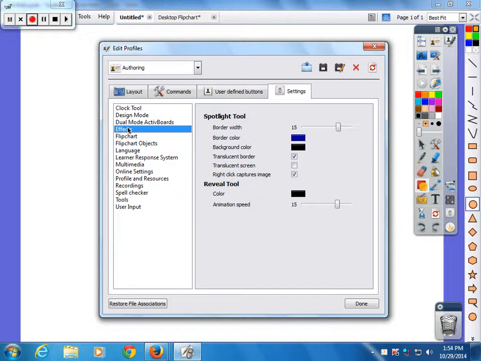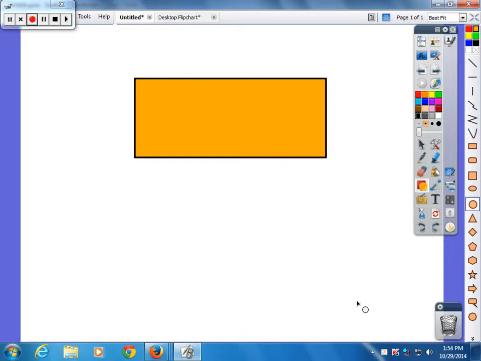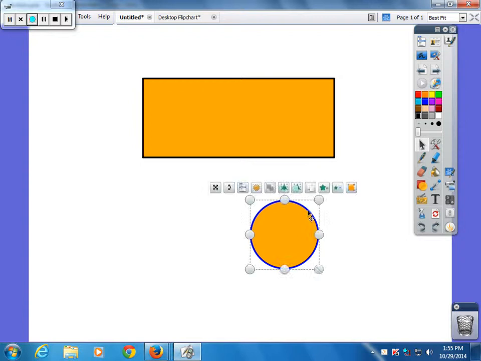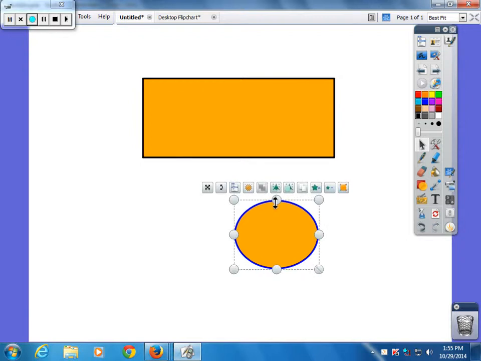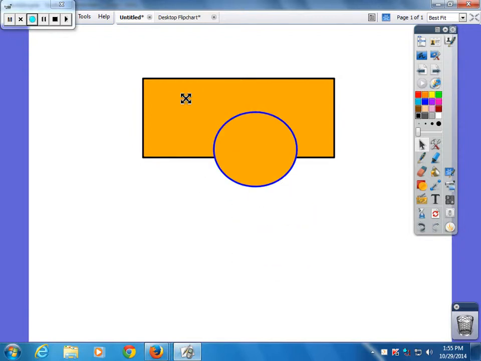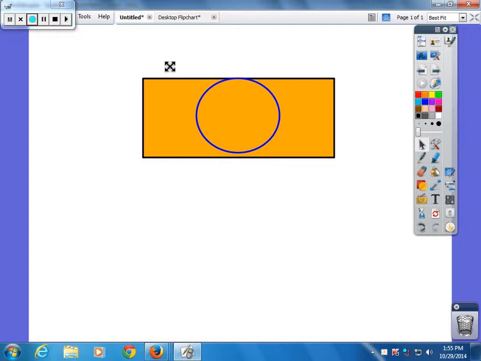Okay, don't worry about it. I was going to try to make a circle that was different. Okay, we just have to do this. Bear with me till I get this straightened out. There we go.